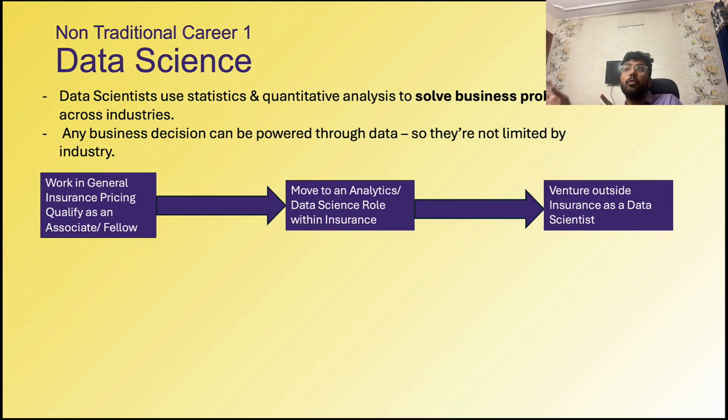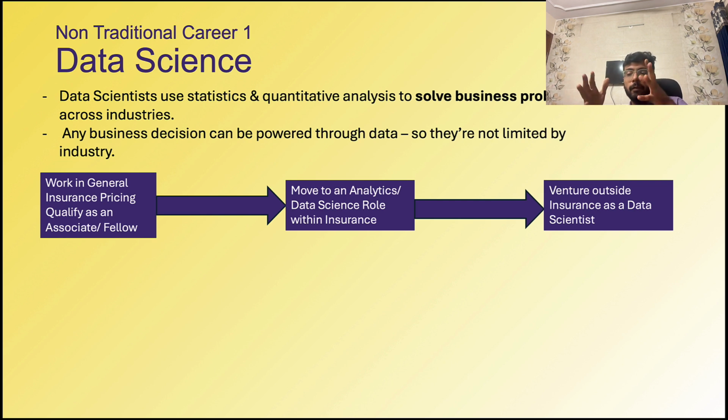If you want to eventually get into data science, you feel like that is something that might interest you later, right? After completing your qualification, what you can do is start in general insurance pricing, because I told you that's very quantitative, very statistical in nature. You qualify as a fellow or an associate actuary, right?